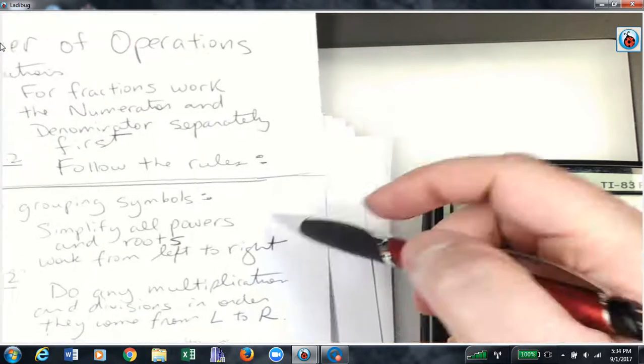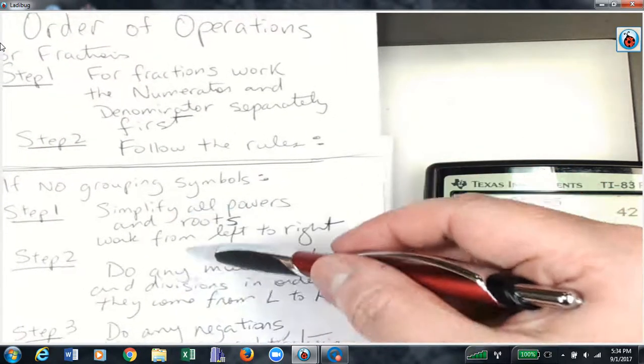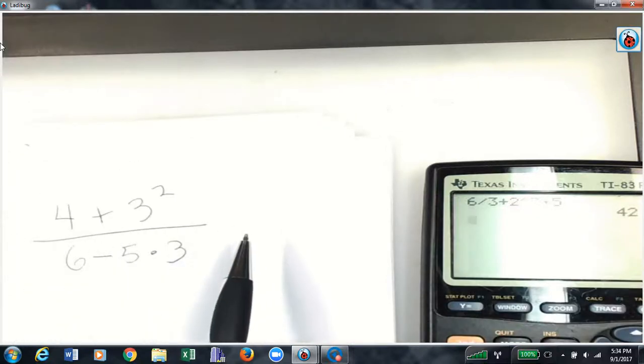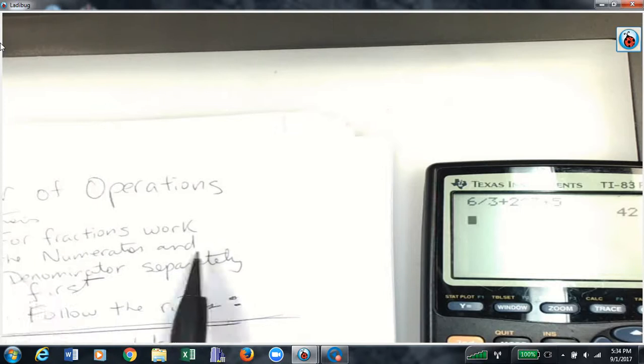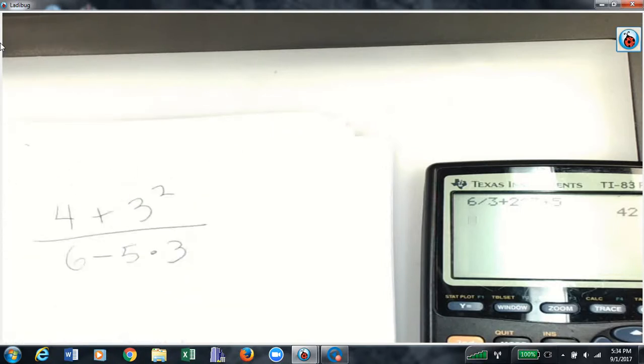Well, we're not going to start straight in with these rules because we have a fraction. And if you have a fraction, work the numerator and denominator separately first. Okay.